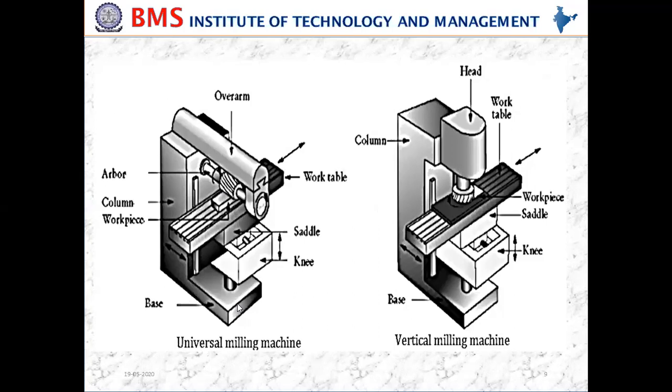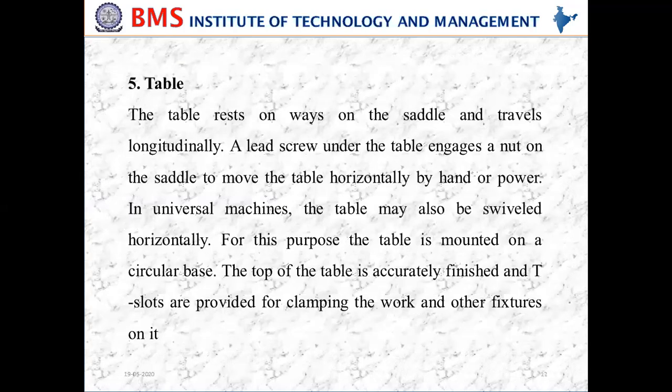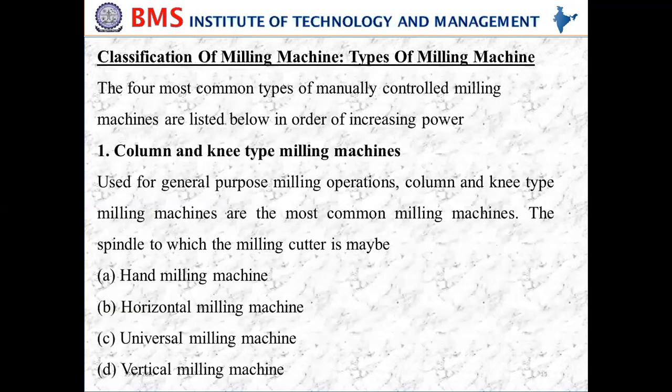Above are the basic parts in any milling machine. Now we'll go on to the classification of milling machines. The milling machine is one of the most versatile machine tools, capable of producing a variety of surfaces on workpieces, and it can also be used for large volume production.